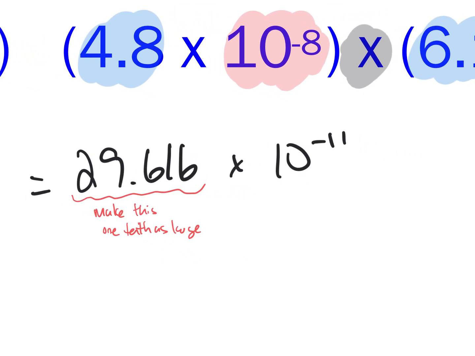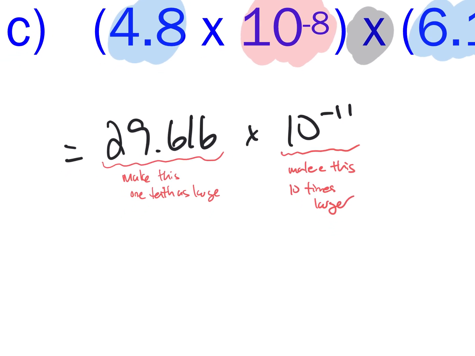And we're going to make the power 10 times larger. So in order to do both of these things, we're going to move the decimal over to go between the 2 and the 9.